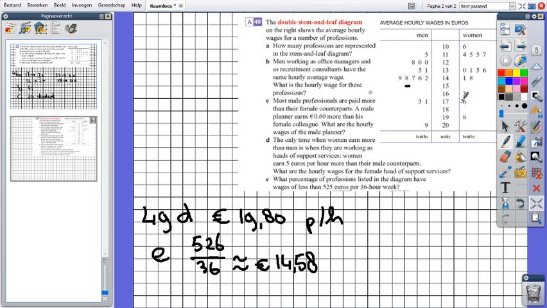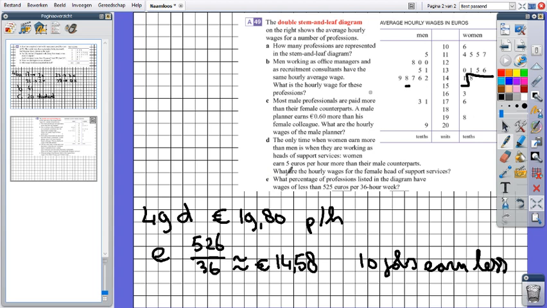So for women, which jobs earn less? Well, that is everything that's right up here, right? Because after that, 14 euros and 80 cents, that's more, so this is all more as well. That leaves us with, if you add those up, 10 jobs which earn less.